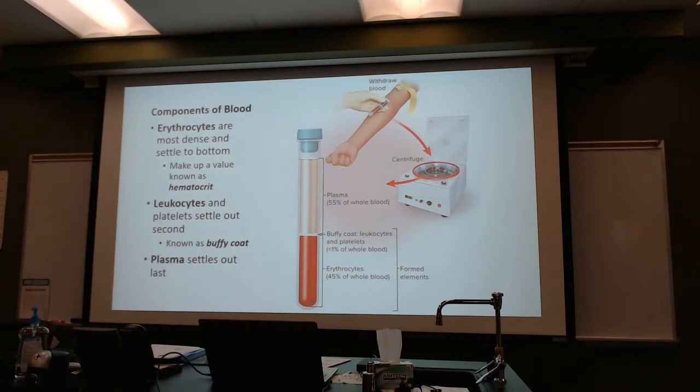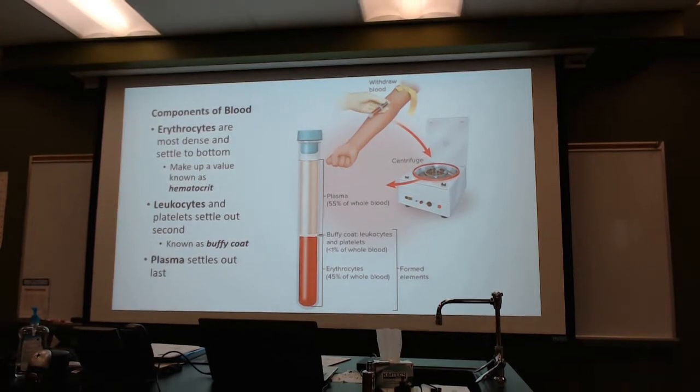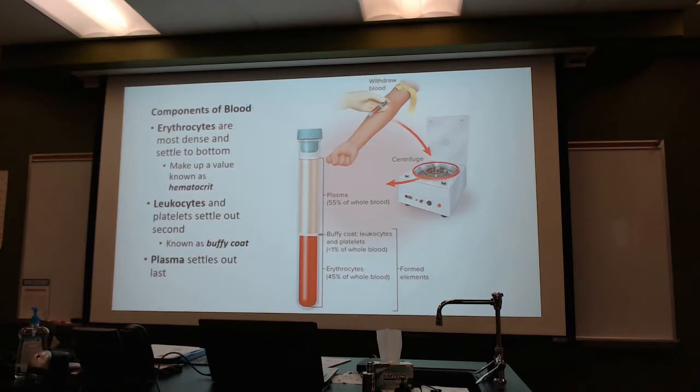Right now, the weather's getting cooler, lots of mold in the air, lots of stuff flying around. A lot of us are having our allergies flare up. That means our body would be producing more of those leukocytes, such as eosinophils, and that would make that buffy coat bigger.